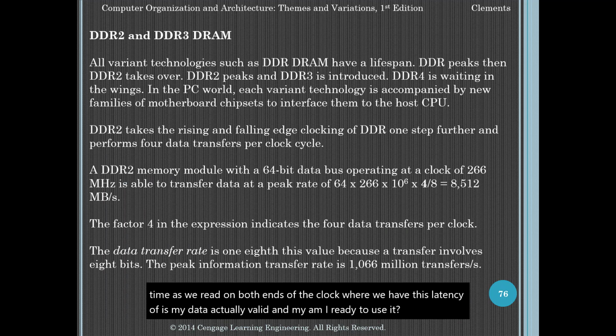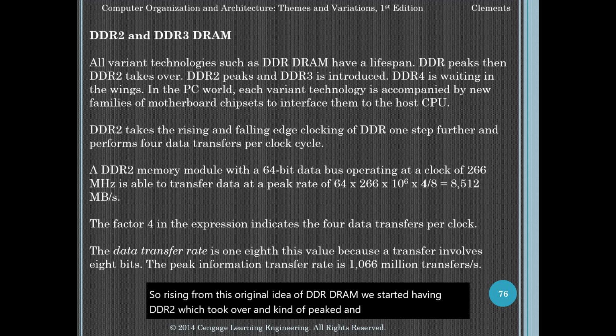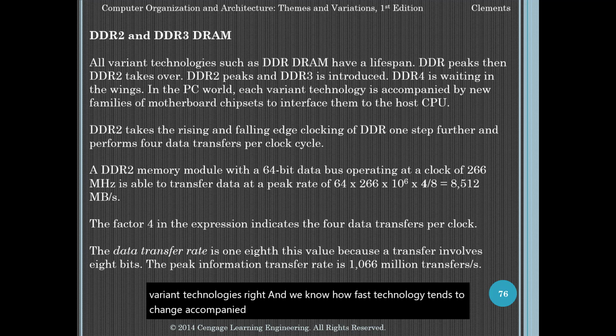So rising from this original idea of DDR DRAM, we started having DDR2, which took over and kind of peaked, and then we moved on to DDR3, and then DDR4 kind of waiting in the wings. Each of these variant technologies, and we know how fast technology tends to change, is accompanied by new families of motherboard chipsets to interface them to the host CPU.